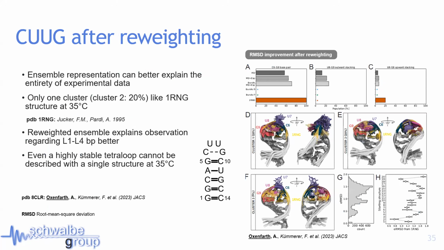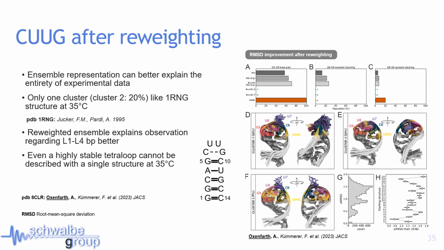And just one example, after the reweighting, we actually observed the base pair again quite in line with what we see in our experiment. So the population matches well. And if we use a very narrow cutoff of 0.7 angstrom for the clustering, we can have 3 clusters explaining around 60% of our data.